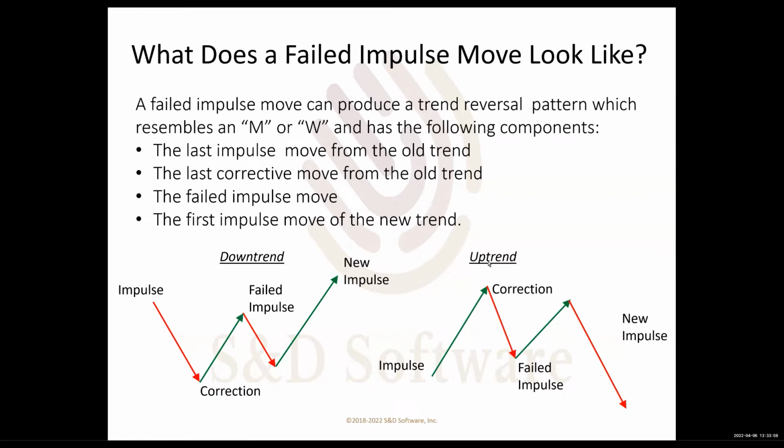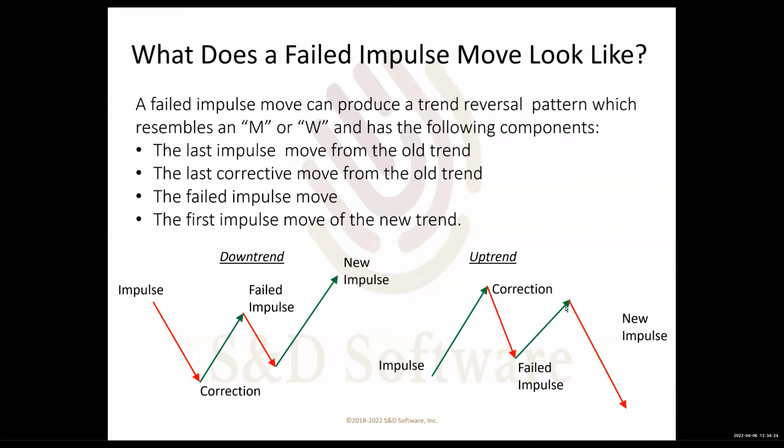Now, in the case of an uptrend that's being converted, or being broken, it's probably a better word to use, we again see the last impulse move from the prior trend. We see the last correction, and then we see our failed impulse. We should have gotten a higher high here. We did not.